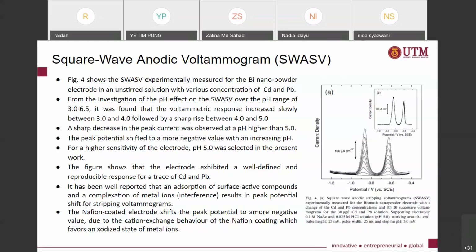In particular, the Nafion coated electrode shifts the peak potential to a more negative value due to the cation exchange behavior of the Nafion coating, which favors an oxidized state of metal ions.